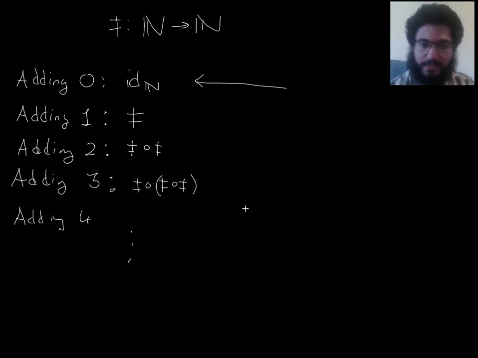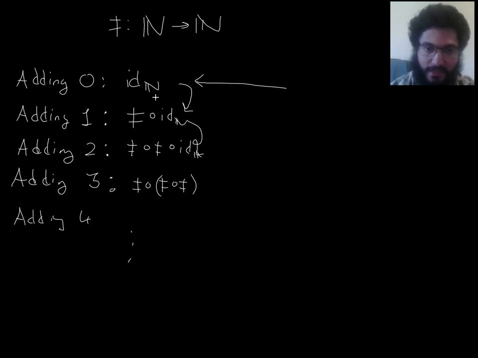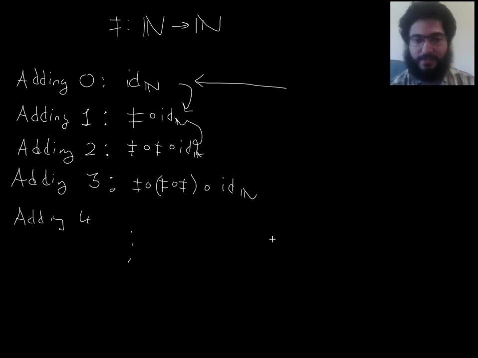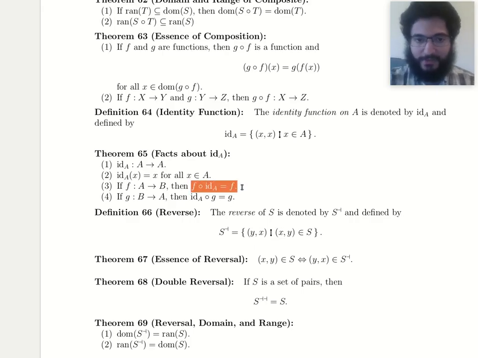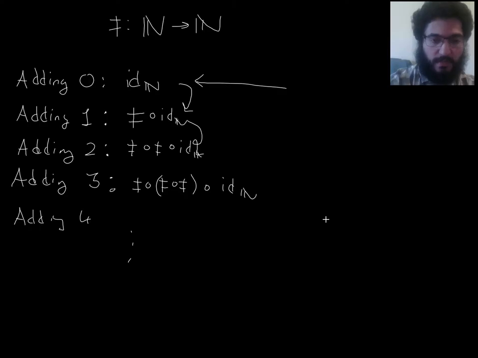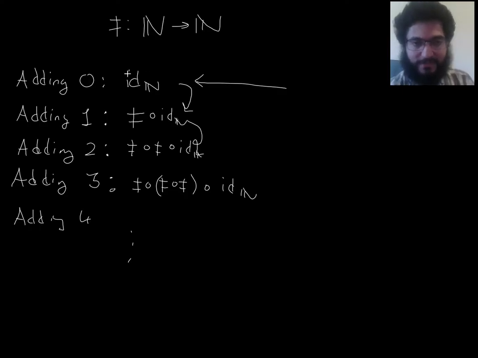Starting point, and you can see the recursion rule, right? Each time you compose, even here, this is actually being composed with the identity, right? You can view them as all starting up here, since composing with the identity effectively does nothing. That's why we call it the identity. That was one of our earlier facts about the identity. So you can see we have our starting point, we start at id n, and then our recursion rule. At each stage, compose on the left with another copy of our adding 1 function.